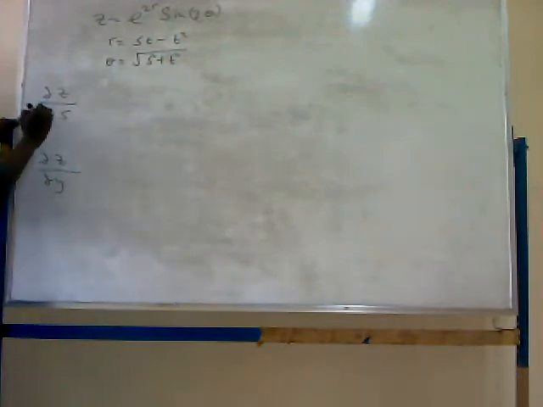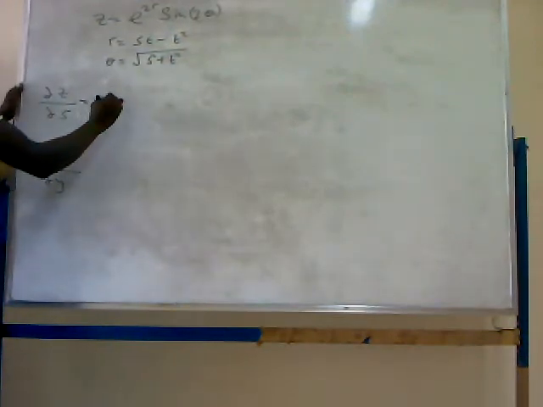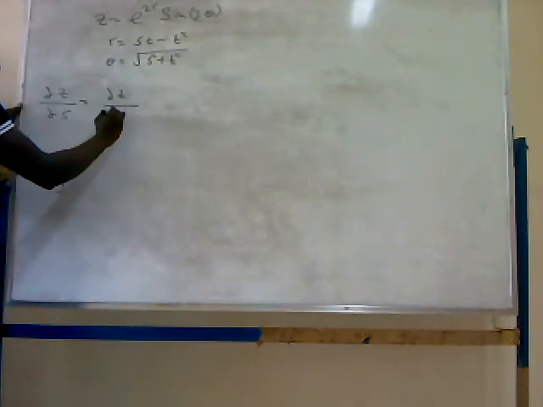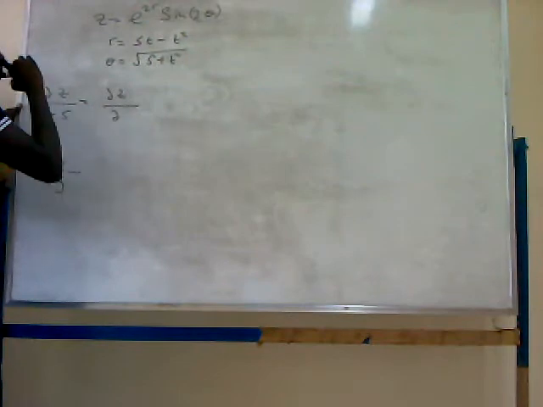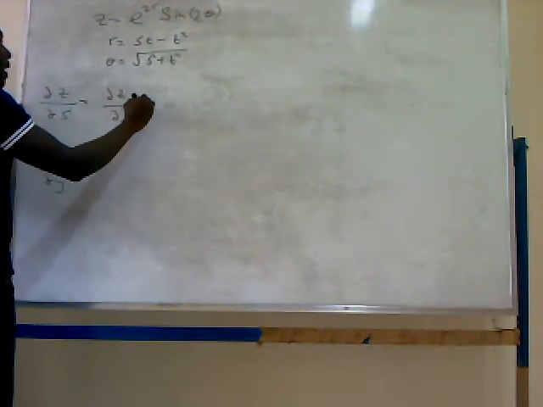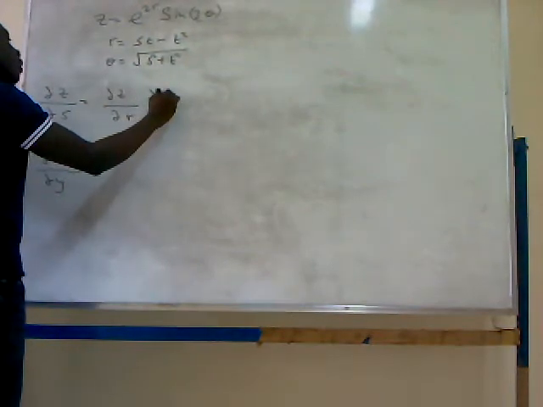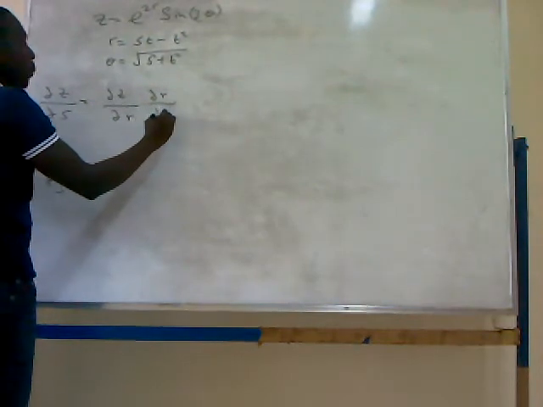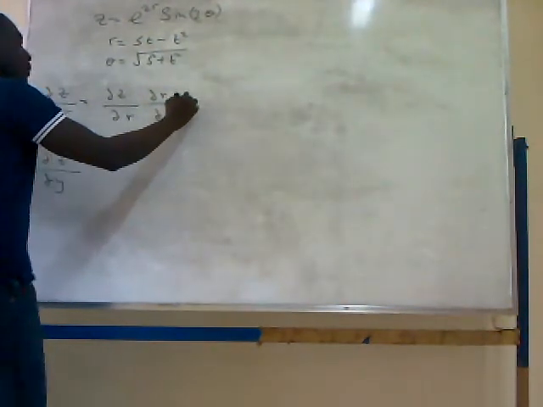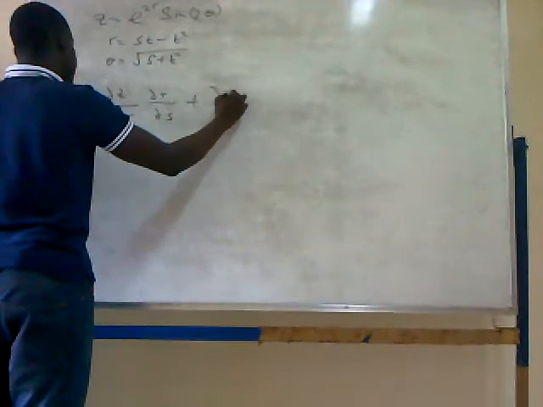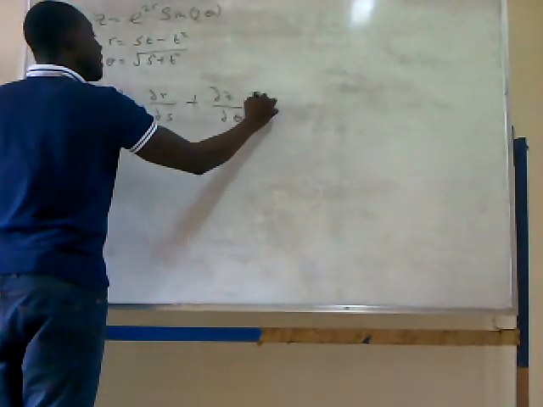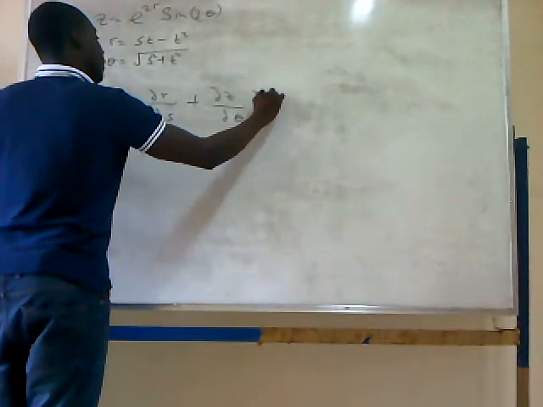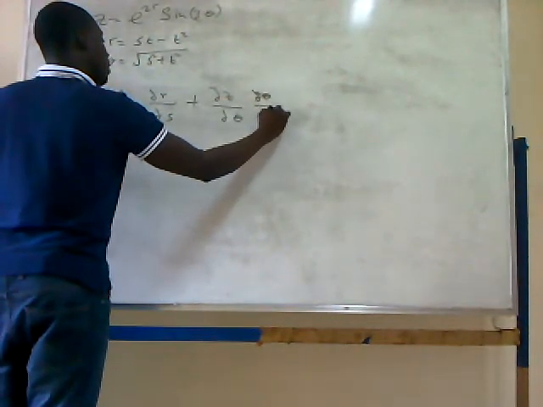Here del z del s is given by, we differentiate z with respect to r and differentiate r with respect to s, plus differentiate z with respect to theta and differentiate theta with respect to s.